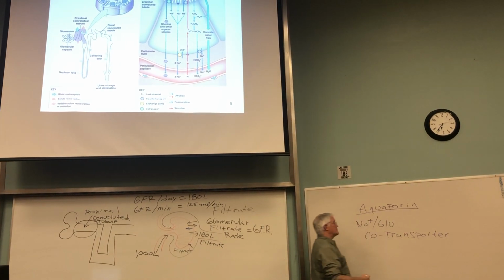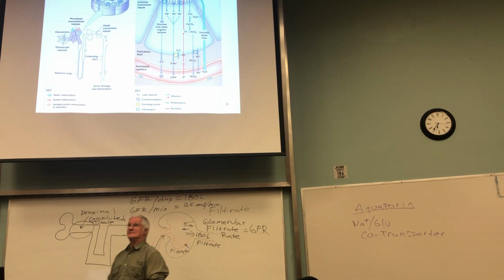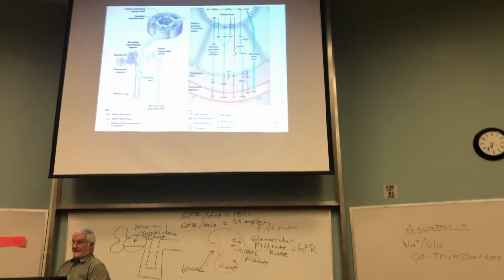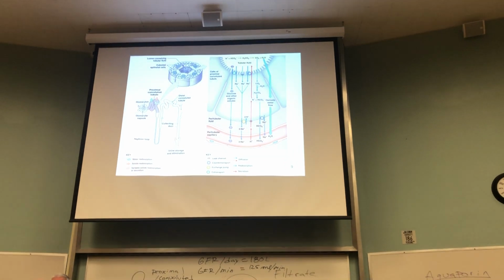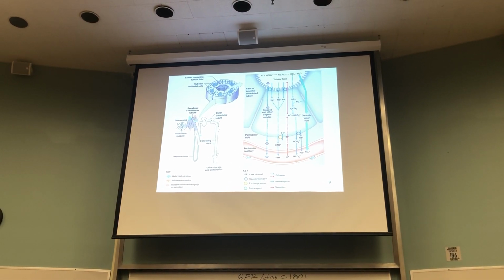It simply works by John's rule of when chemicals bind to proteins, proteins change their shape. But it's dependent upon the concentration of sodium. It's actually using sodium's desire to go into the cell. That way I can get lots of glucose into the cell.